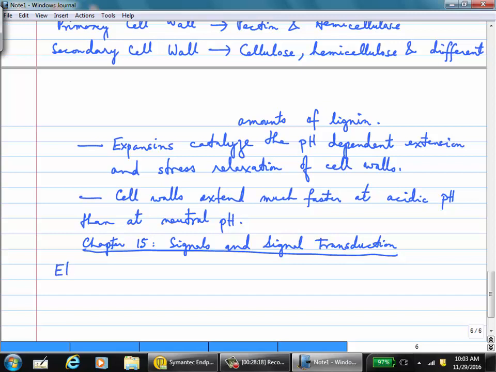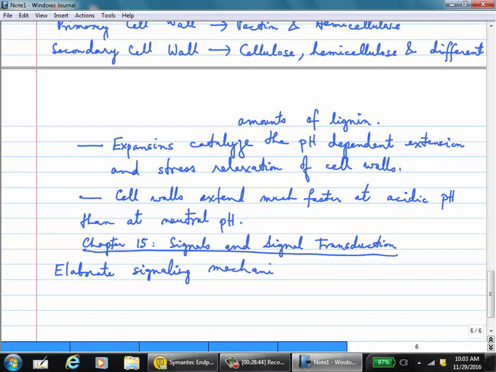Now, elaborate signaling mechanisms are involved in plant development. Even in the case of animals, we have not covered that in detail, but even in animals, it is the signaling. Think about it, a single fertilized egg or a zygote develops into an adult human being with about 100 trillion cells, with the right kind of tissues and everything.